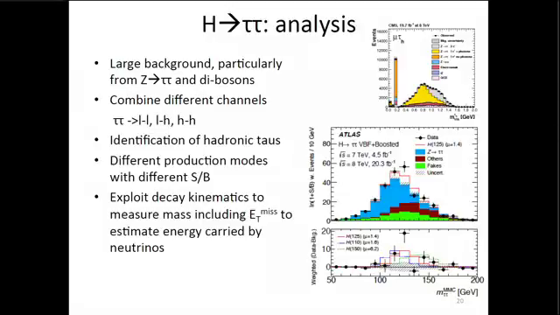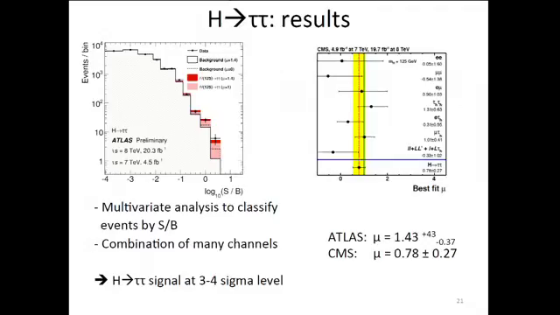This is an example of reconstructed tau-tau mass for a cut-based selection, in which you see basically here the Z to tau-tau, and on top of this, an excess. And when you subtract the background, you have this kind of thing. So some excess here that is broadly compatible with a Higgs expectation. These are different mass hypotheses for the Higgs.